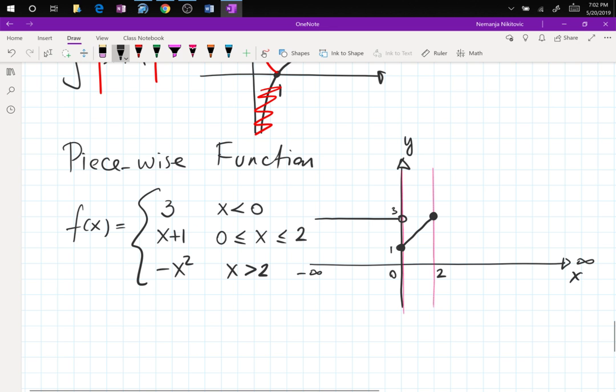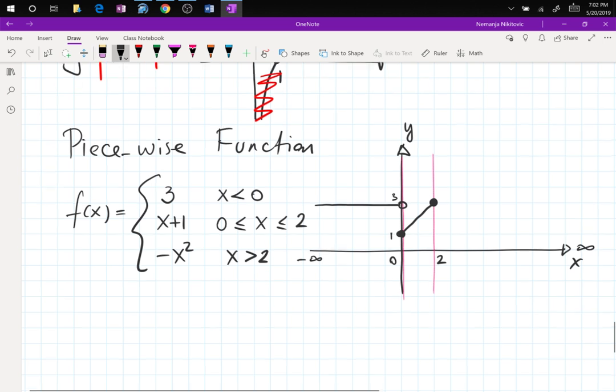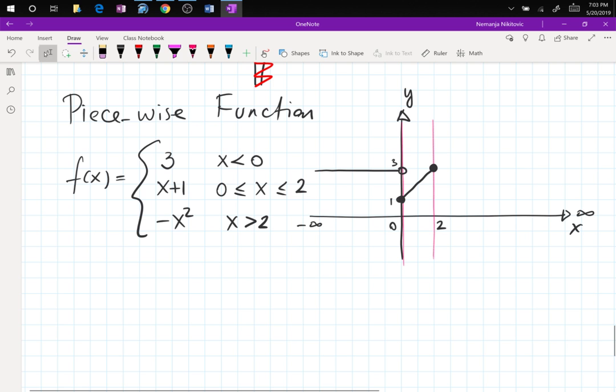And then we have negative x squared. Where's that? That's going to start at the vertical line 2 and go on forever. So 2 squared, that's going to be negative 4. Open circle at negative 4. And it's going to be a parabolic drop down.